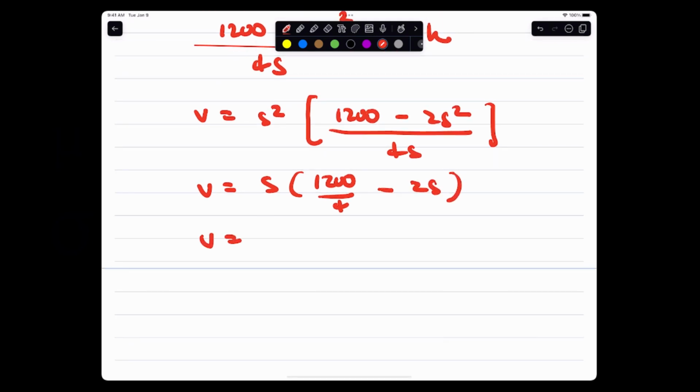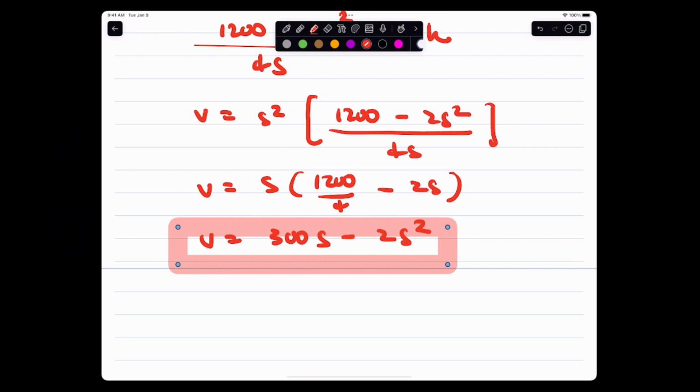Or my volume's going to be 300S minus 2S squared. Double check, ladies and gentlemen. Okay, double check my arithmetic's okay. There we go. I'll have to double check. 300S, because we simplified here, we canceled the S. So it's really S over 4, so it'll be 300S. Yeah. 2/4.